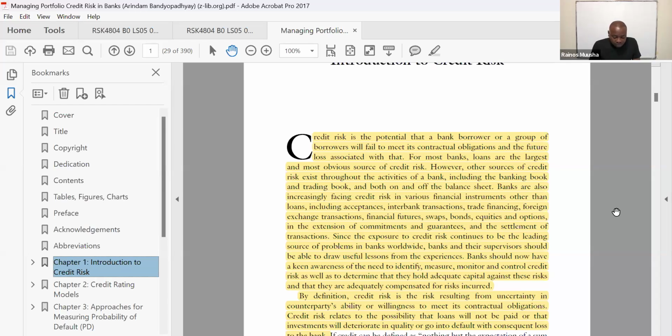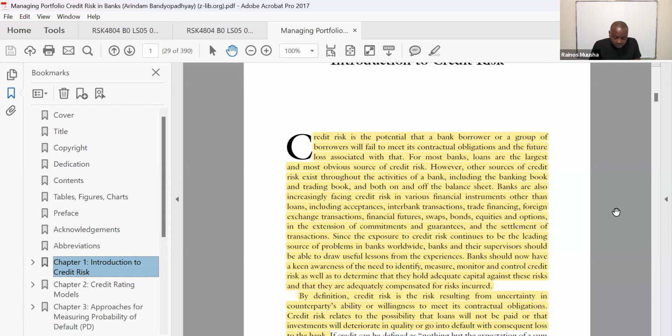Banks are also increasingly facing credit risk in various financial instruments other than loans, including bankers' acceptance, interbank transactions, trade financing, foreign exchange transactions, financial futures, swaps, bonds, equities, and options, in the extension of commitments and guarantees, and the settlement of transactions.